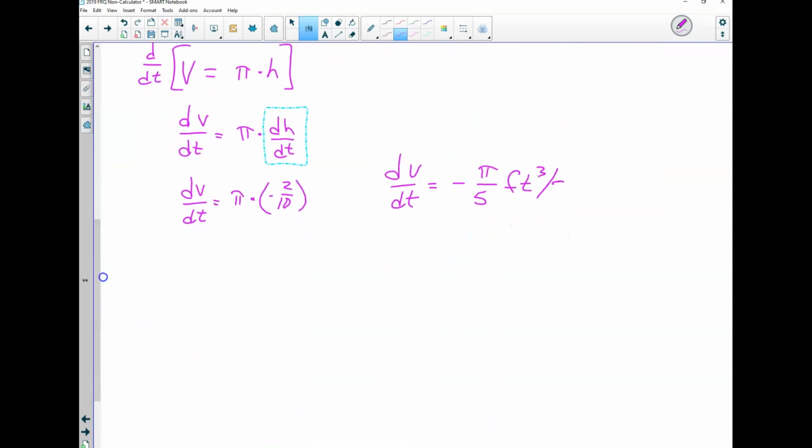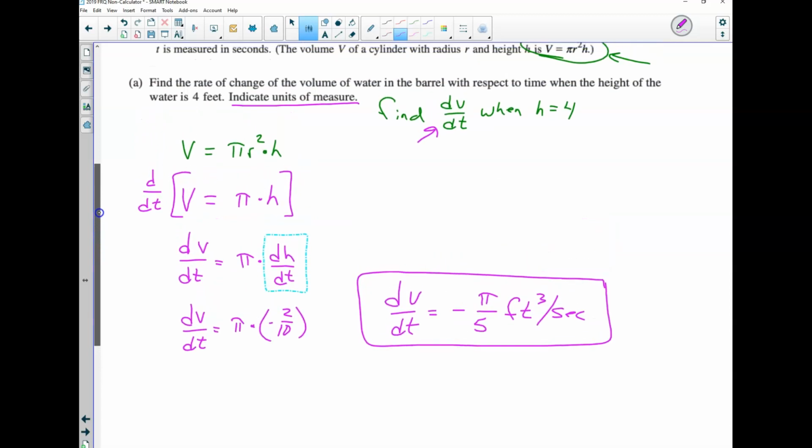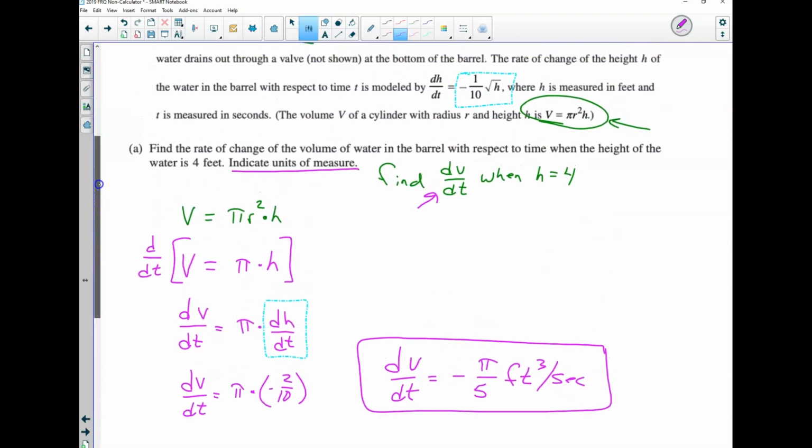Feet cubed per second. Okay? They're always going to give you enough just to get at it. That is worth 2 points. 1 point getting to there, 1 point for your answer.